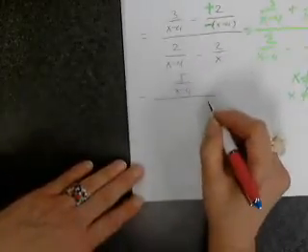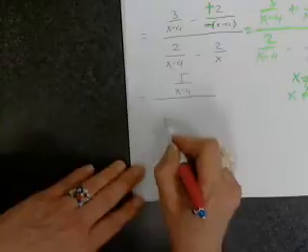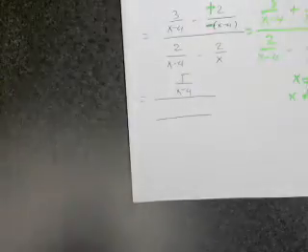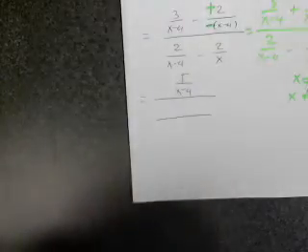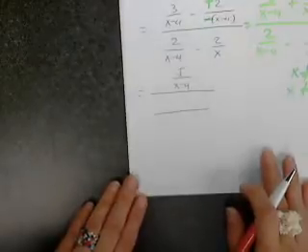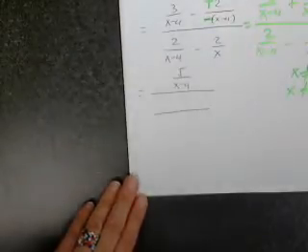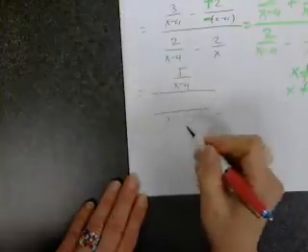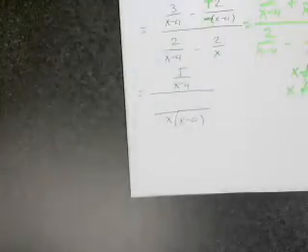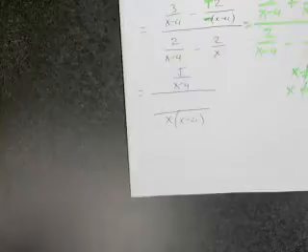Good. Nice. Now the denominator needs an LCD. What is the LCD of the denominator? Very good. 2 different factors, they have to be in the least common denominator. As x is a factor, x minus 4 is a totally different factor. They have to be. Very good.